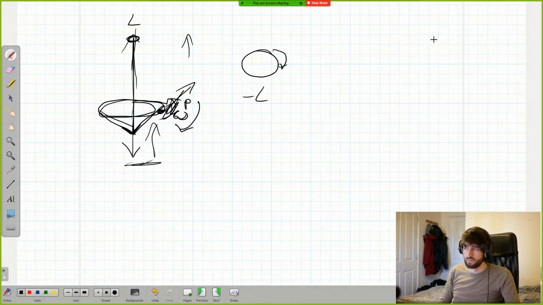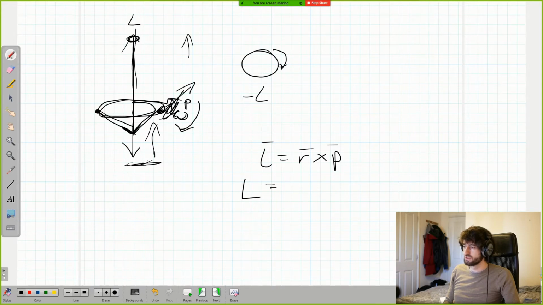And if you remember, L is r cross p, so r cross the momentum, and you can say that for any point on here. You can also say that the L of all the points is equal to the sum of all of the r cross p's.